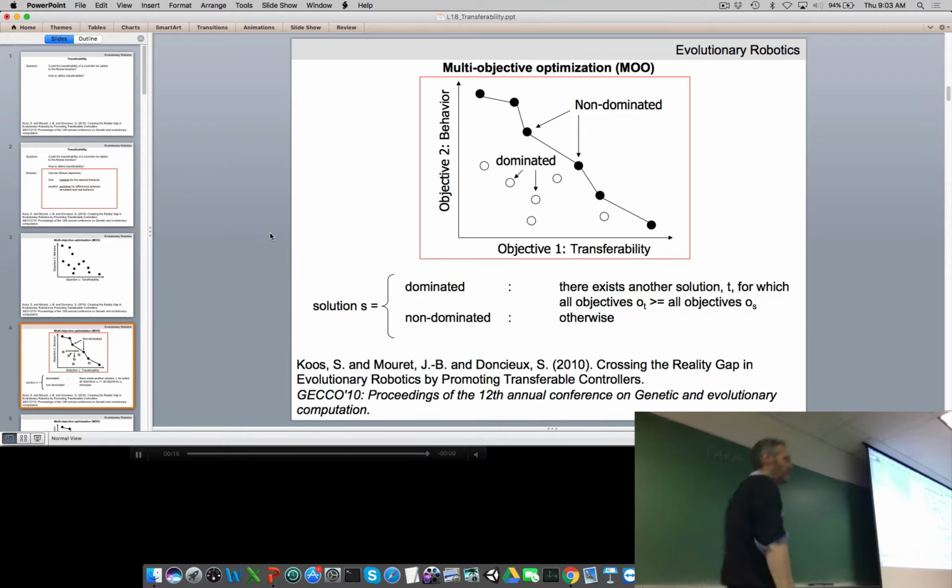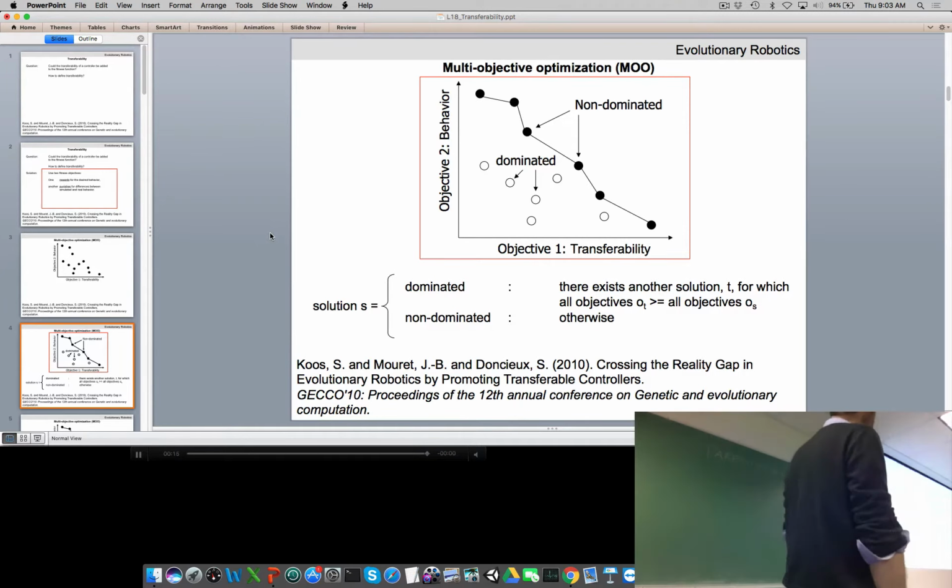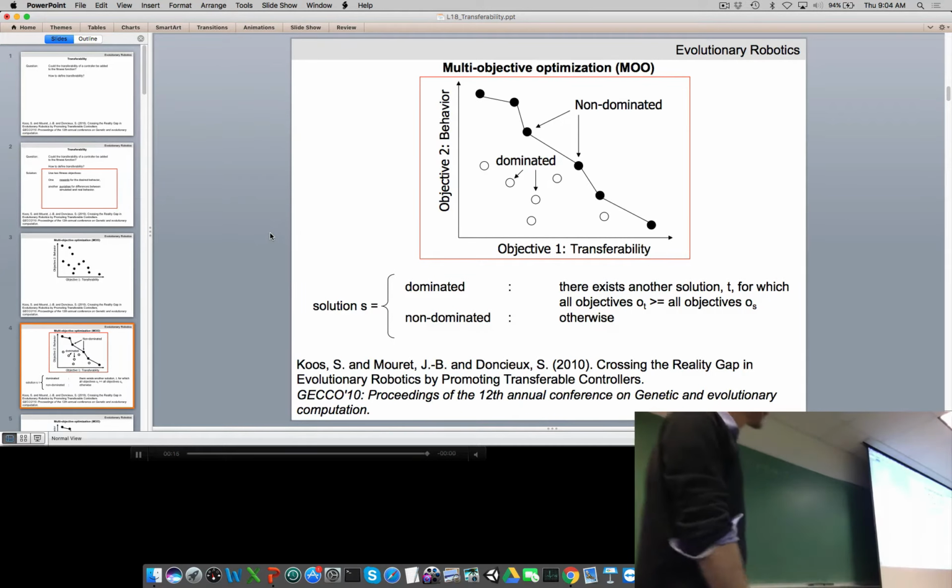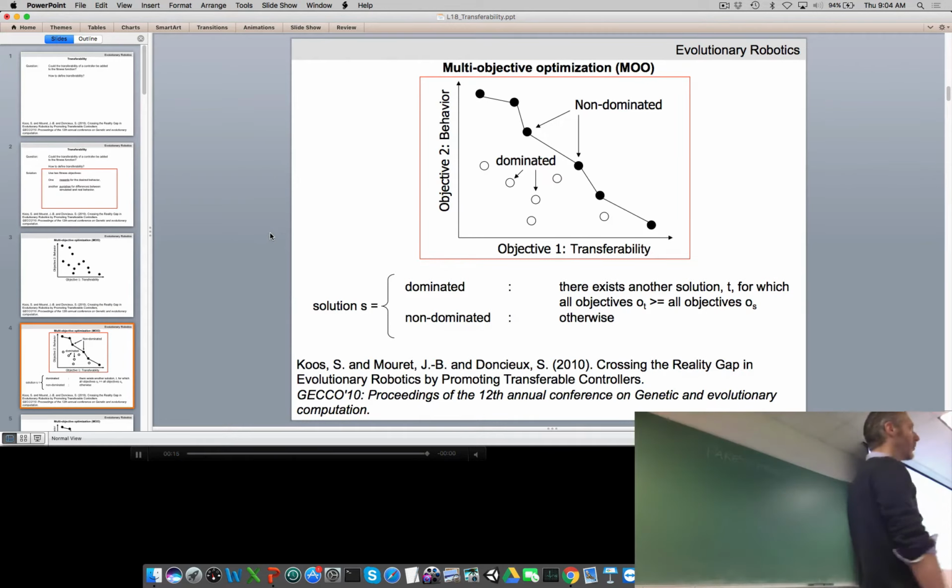How do we actually find this outside curve? Well, you find this outside curve, or this Pareto front, by visiting each point in the plane and labeling it as either dominated or non-dominated. So let's imagine we have visited solution S. Let's imagine we're looking at this point here, and we want to know whether it's dominated or non-dominated.